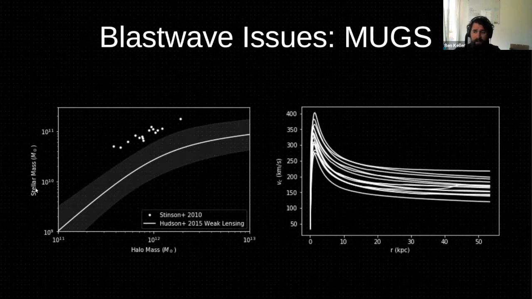If you look at the stellar mass to halo mass relation of the MUGS galaxies, you can see that every single one is above, by a significant amount, the uncertainties in the stellar mass to halo mass relation we expect from observations. On top of that, the circular velocities, the rotation curves of these galaxies, and if you do a bulge-disk decomposition as well, you can see that these are really bulge-dominated systems.